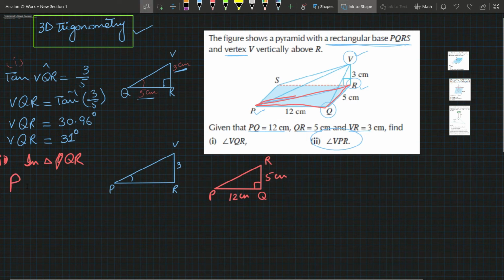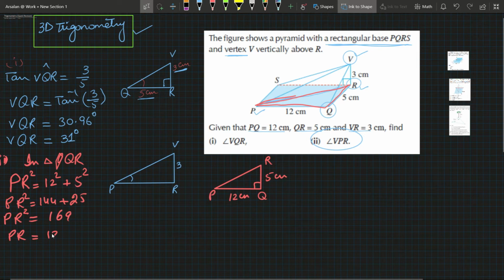PR squared equals 12 squared plus 5 squared. You can solve it orally. PR squared is equal to 144 plus 25 equals 169, and then you take the square root to find PR, and PR will be 13.